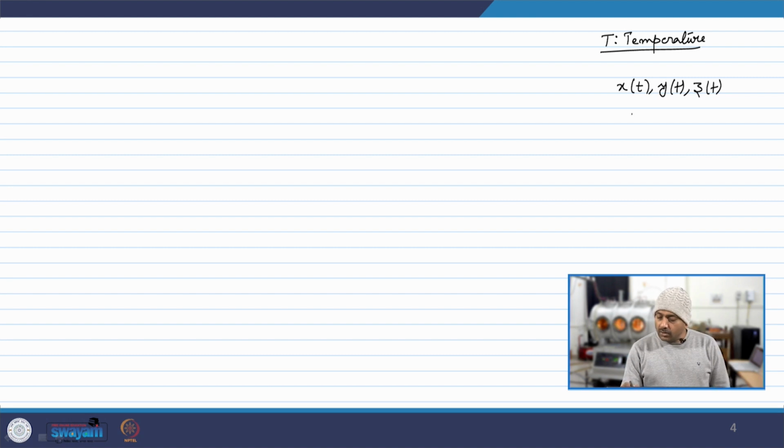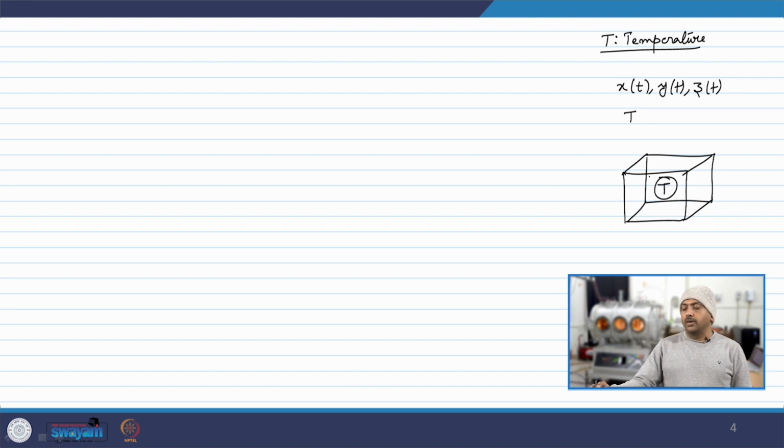Now, the temperature that you are trying to measure inside the volume, let us say we draw it also for the sake of better understanding. Obviously, this is the temperature inside, right. Like I said, this temperature can change because of two different things. It can change due to the control volume being kept at different physical coordinates and the control volume experiencing different temperatures as a function of time, right.